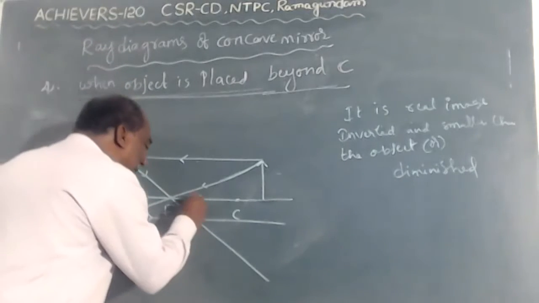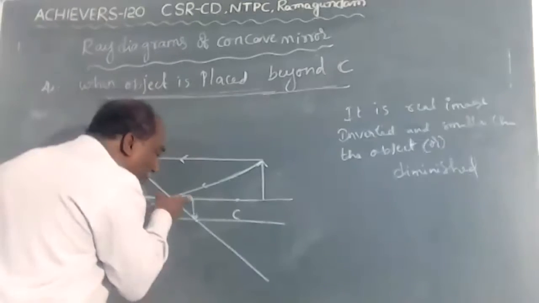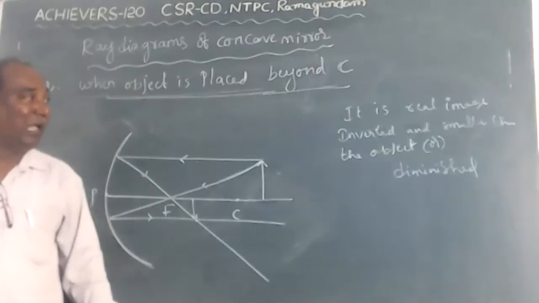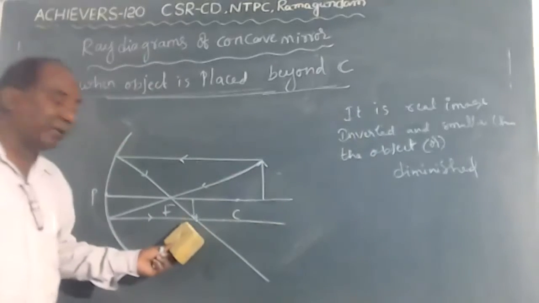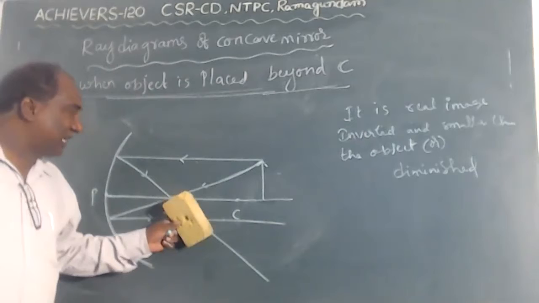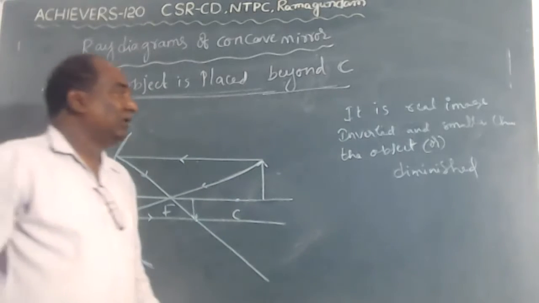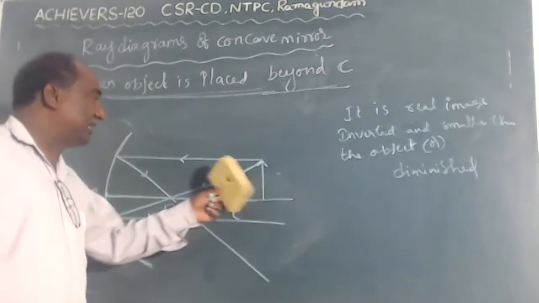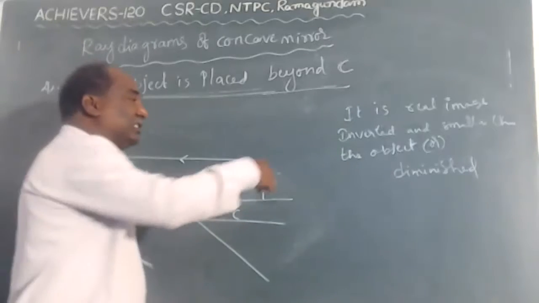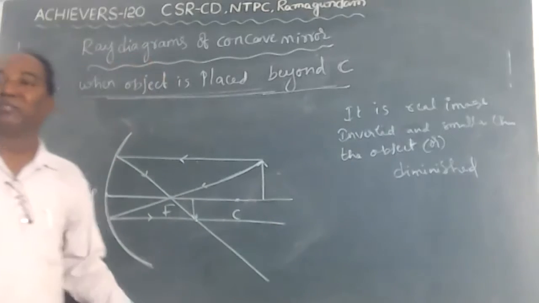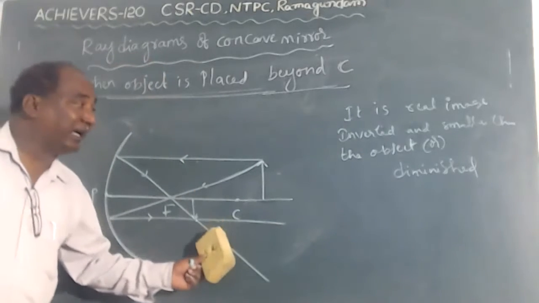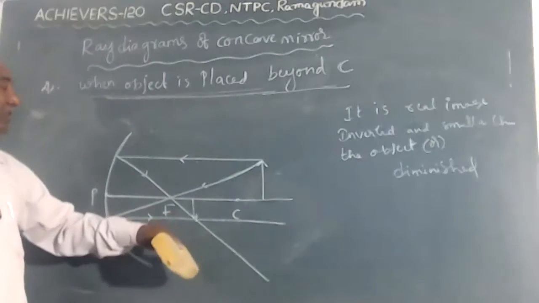So it forms a real image because it forms below the principal axis, and it is an inverted image. The size of the image is smaller than the object, and we call it diminished also. It forms a real image, inverted and diminished.